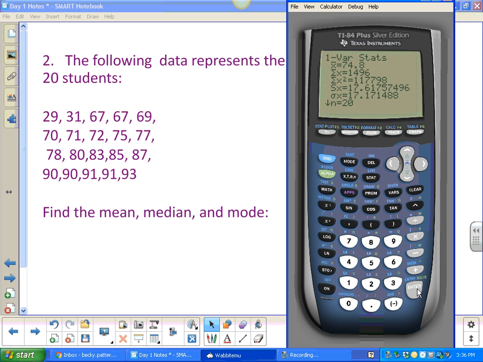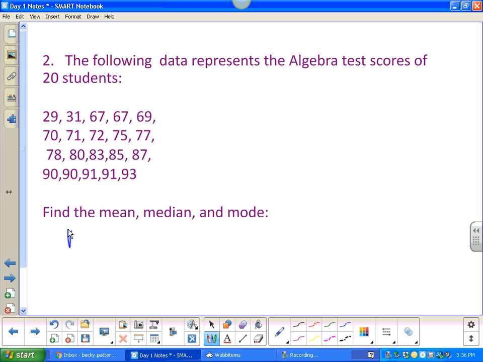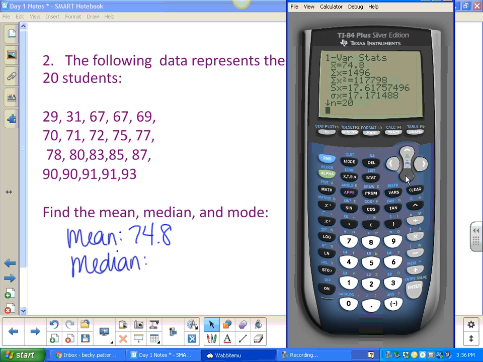So my X bar is the average, the mean, 74.8. The median, I just have to scroll down. It's the MED, 77.5.